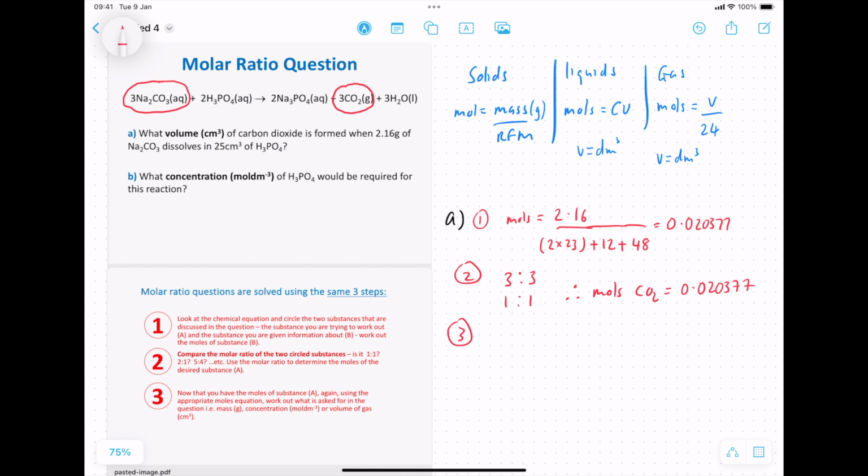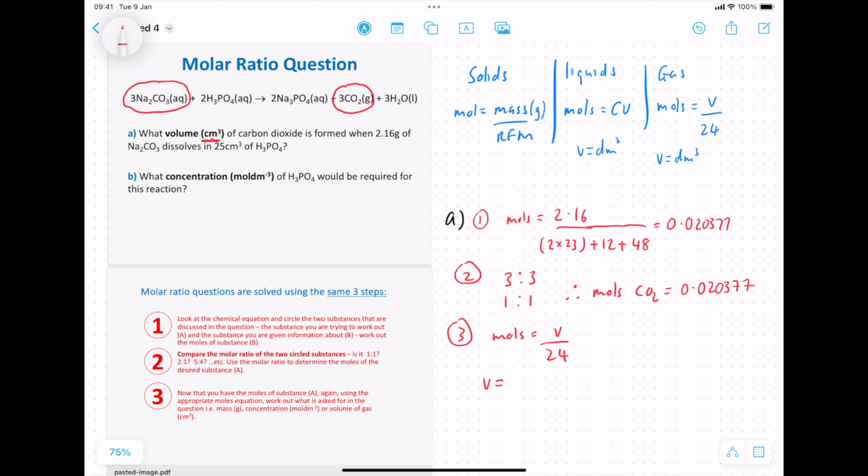Now that you have the moles of the substance, again, using the appropriate moles equation, work out what is asked for in the question. Well, the question is asking me to find the volume of carbon dioxide, and it wants it in centimeter cubed, not decimeter cubed. So that means when I get my answer at the end in decimeter cubed, I have to times it by 1,000, because there's 1,000 centimeter cubed in 1 decimeter cubed. So moles equals V over 24.